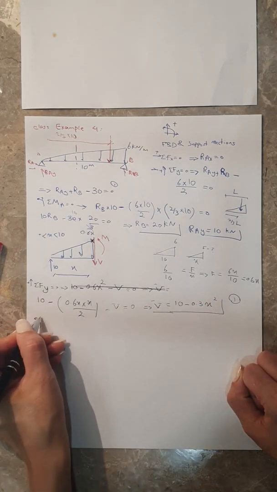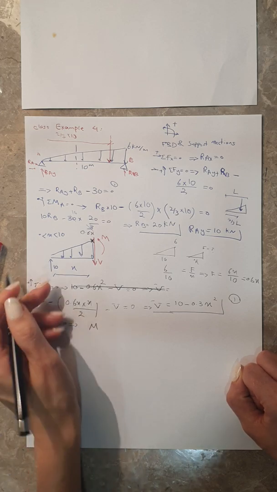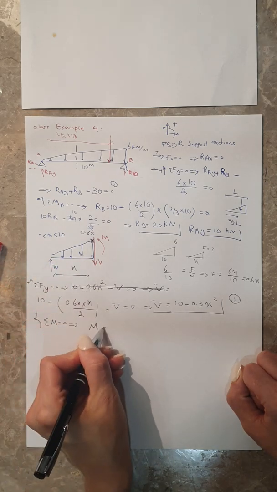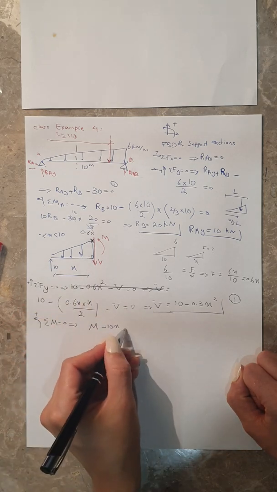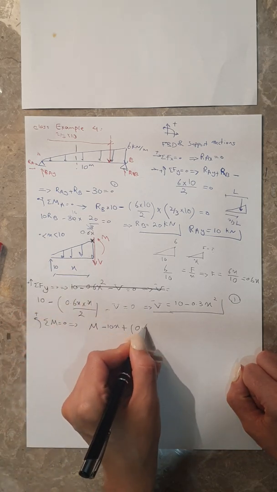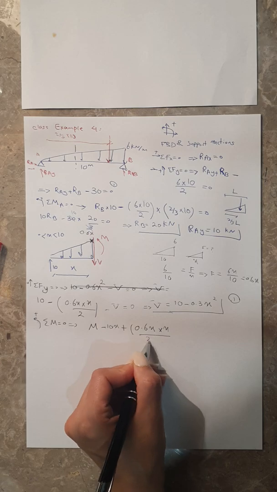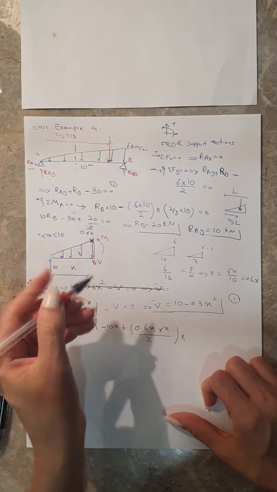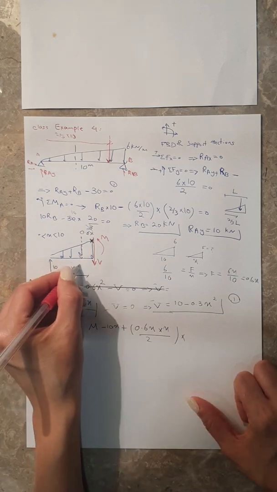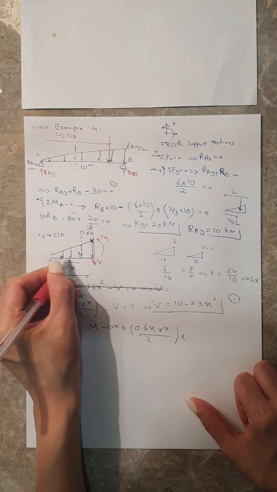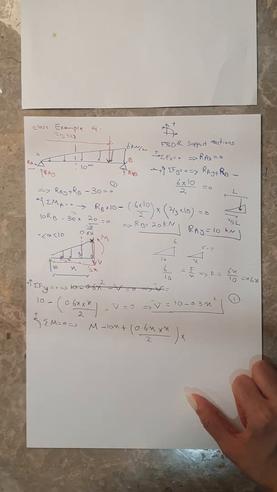And then what about the moment? This means that M, what about this moment, would be negative because it's clockwise, minus 10x. And what about the moment of this one? It would be again positive. So what's the value of the force? 0.6x times x over 2. And what is the distance? As I mentioned, it's going to act like here actually, which is 2/3 of x from here. Therefore, it would be 1/3 of x from here. And what is the distance to this point?